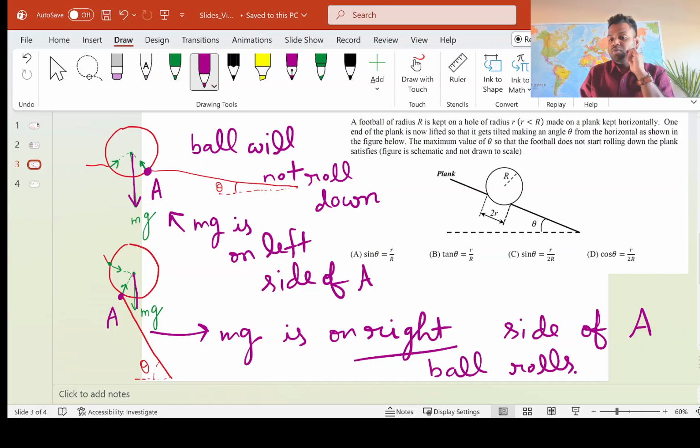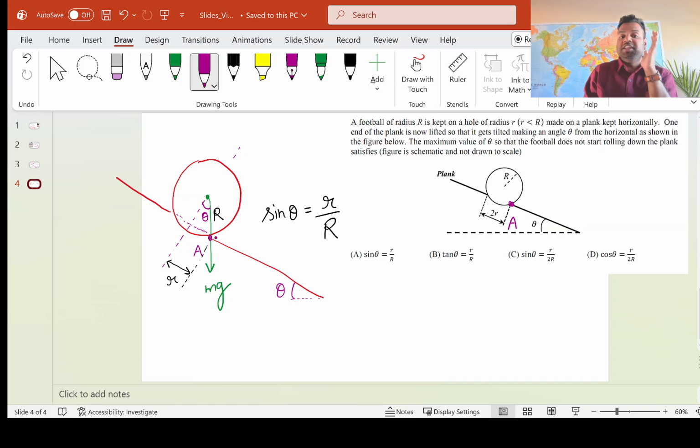So we have to look at the limiting case when mg is directly passing through this point A, neither left nor right.